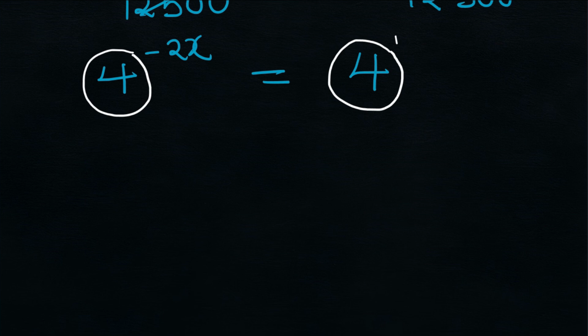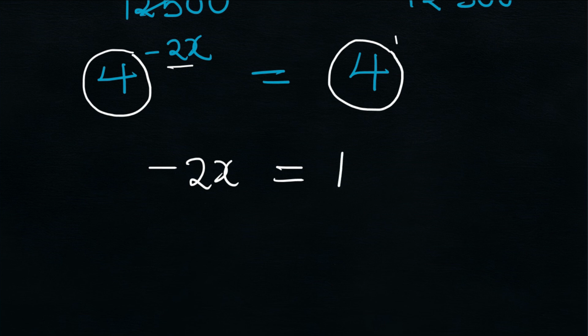And according to the equality of exponents rule, we know that if the bases are the same, we can equate their exponents. So instead of writing 4 to the power of minus 2x is equal to 4, it is just going to be the exponent on the left hand side, which is minus 2x, is equal to the exponent on the right hand side, which is 1.